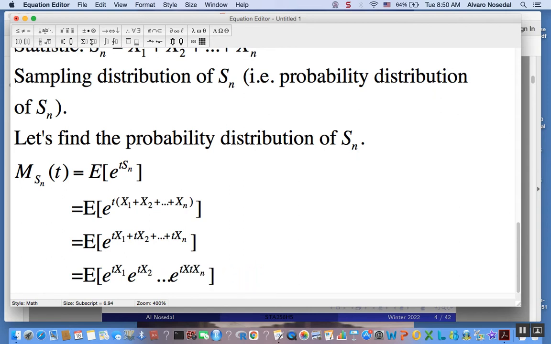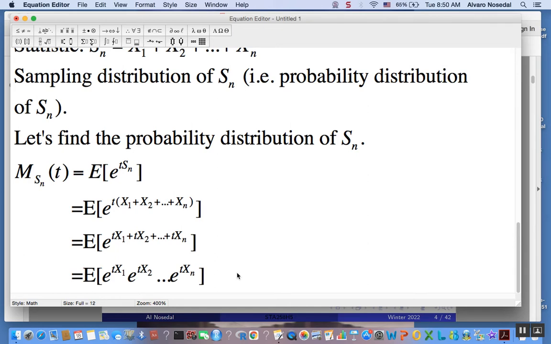So you guys agree that these two expressions here are equivalent. We're just doing a little bit of algebra. Okay, now this is important.